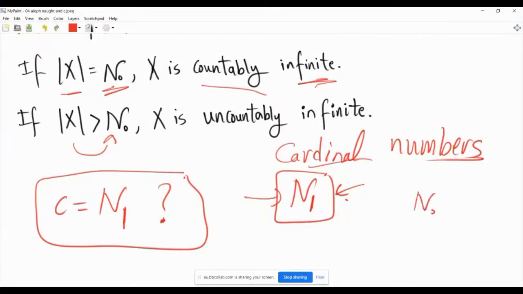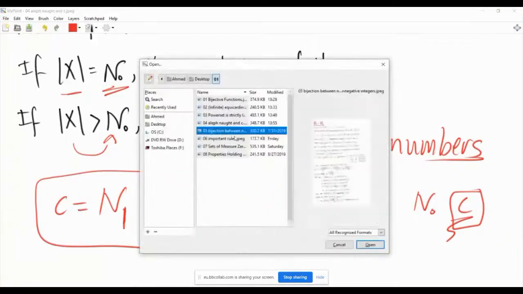We will deal with Aleph Naught and c, and we will not care whether c is really the next cardinal number, the next infinity, or there is something between Aleph Naught and c. It is an open problem in math.